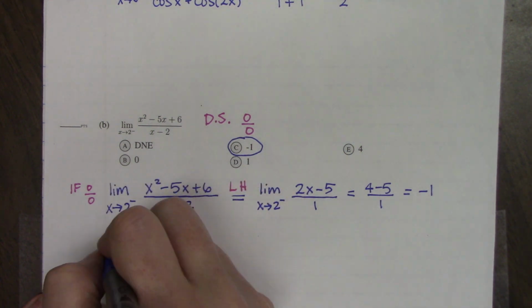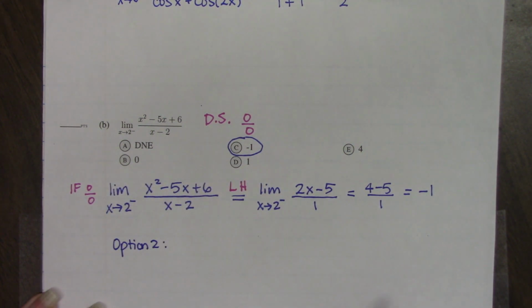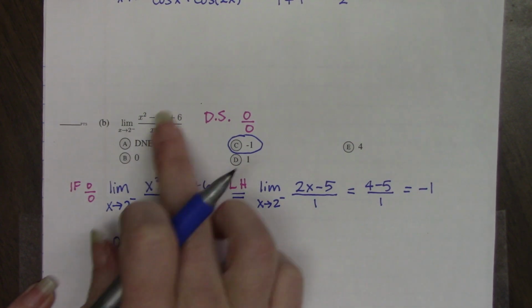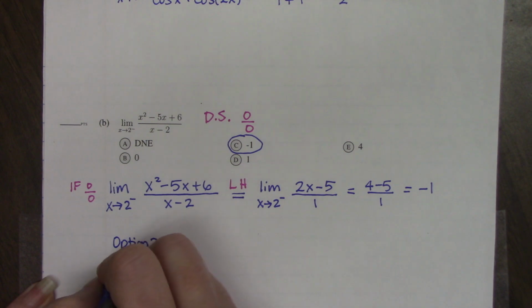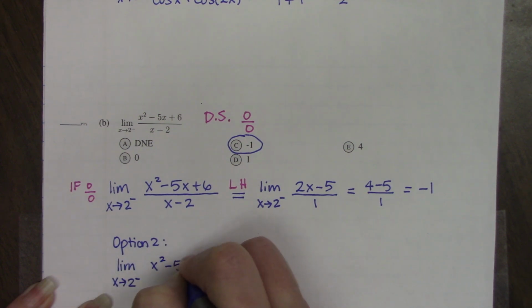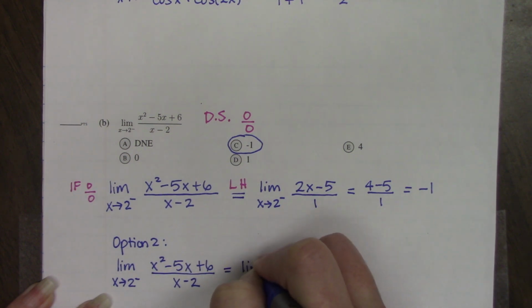Another option is, we saw early in the semester that one thing you can do with limits of this type is attempt to factor, and hopefully the troublesome factor will cancel out. So if I take the limit as x approaches 2 from the left, I have a quadratic in the numerator.